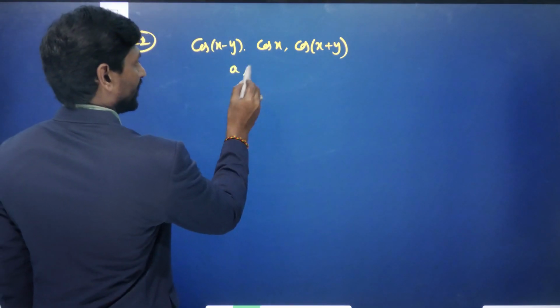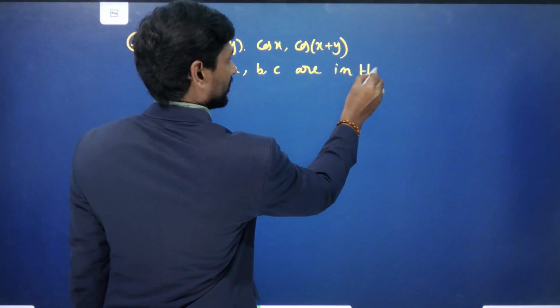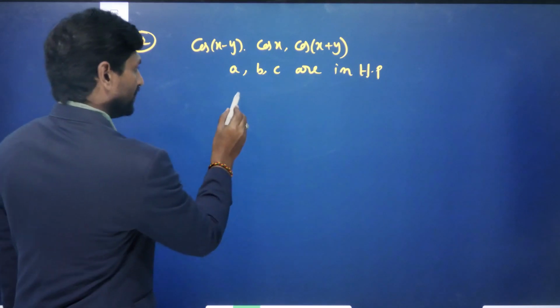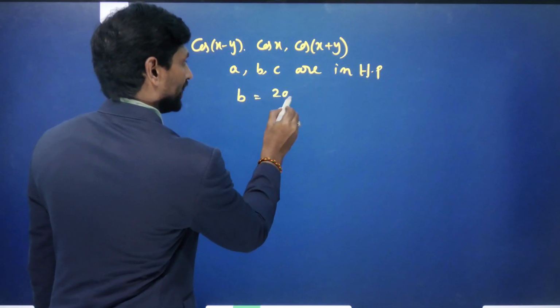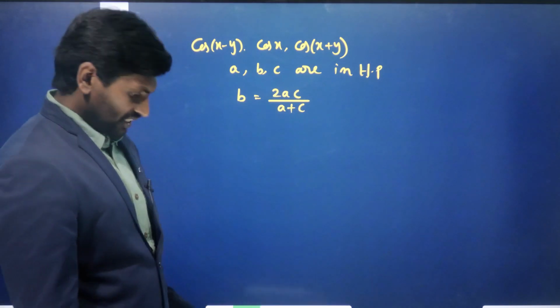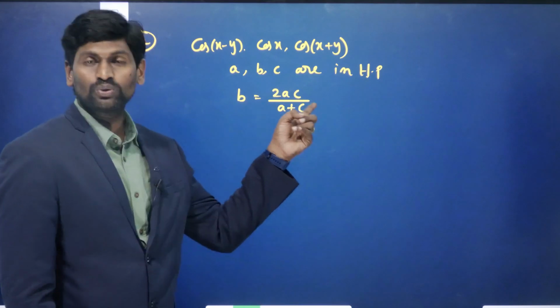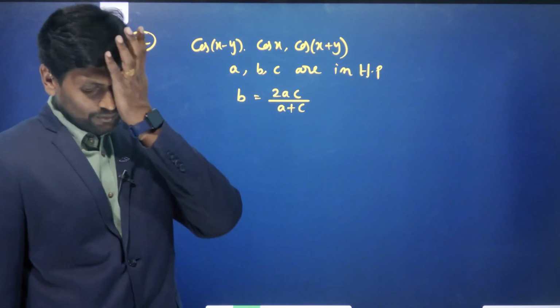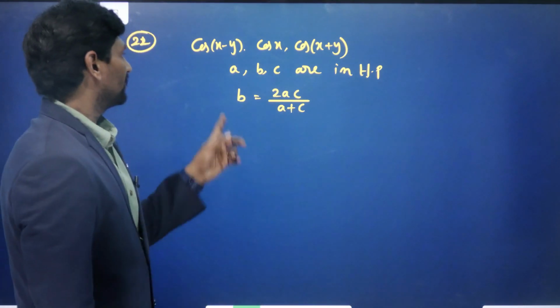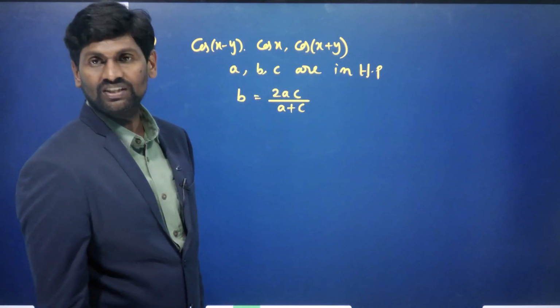That means if A, B, C are in HP, harmonic progression, we can say that B is equal to 2AC by A plus C. So I am considering the first term as A, second term as B, third term as C.